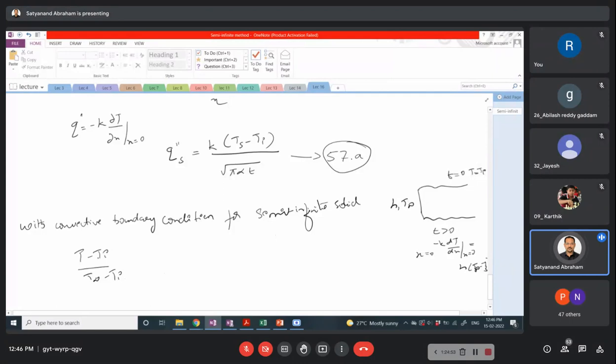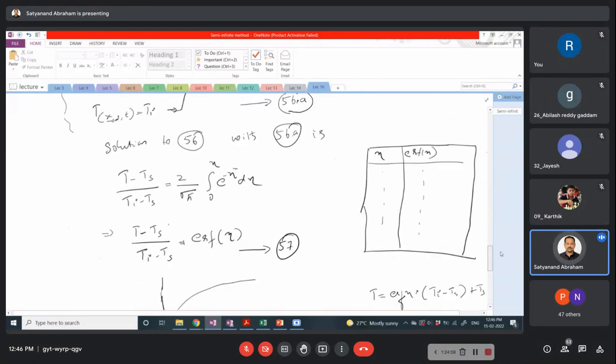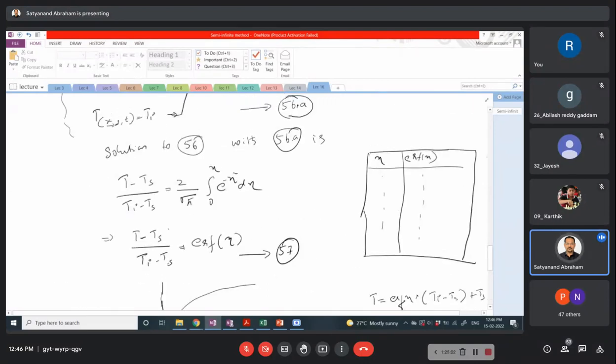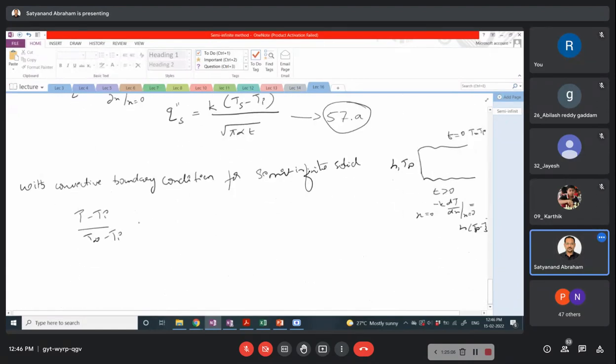So here we are normalizing as (T minus Ti) divided by (T infinity minus Ti). Initially what we wrote is (T minus Ts) divided by (Ti minus Ts). You have to be very careful on those steps. So here you can write (T minus Ti) divided by (T infinity minus Ti) is equal to the complementary error function of eta.